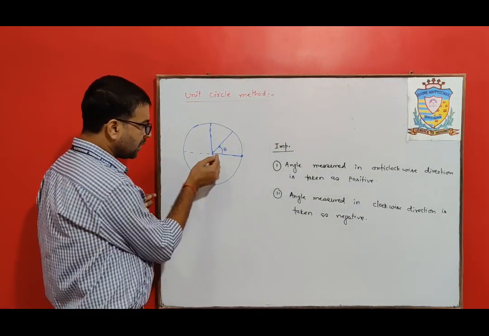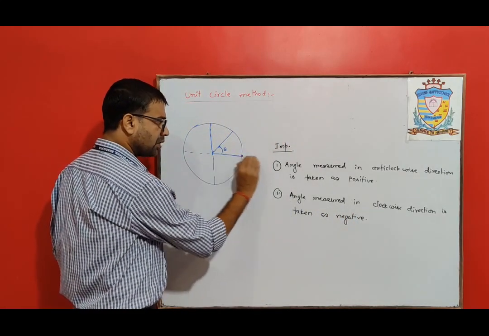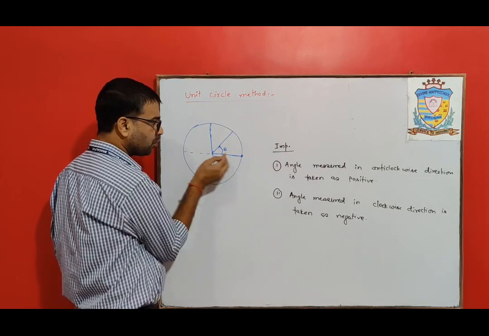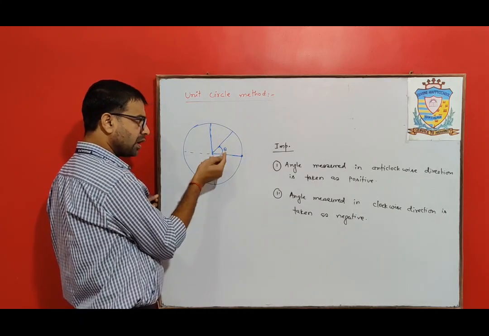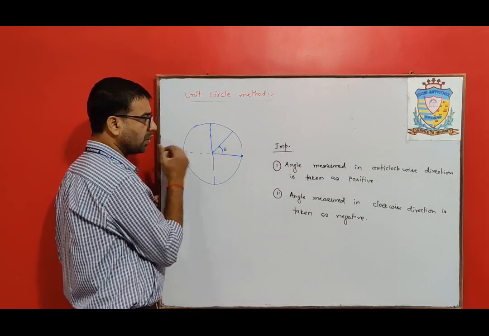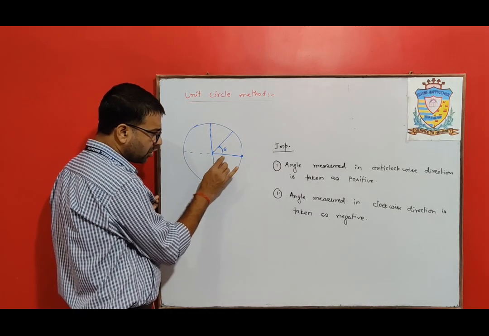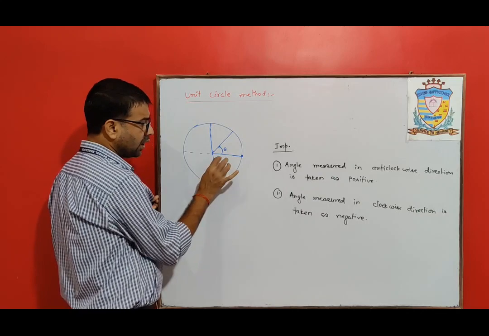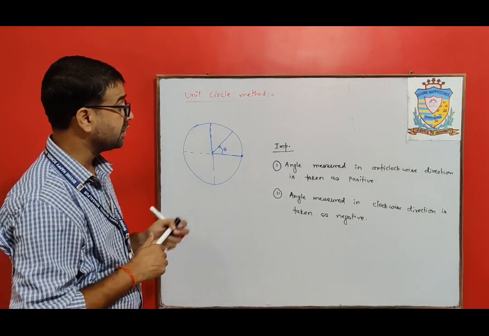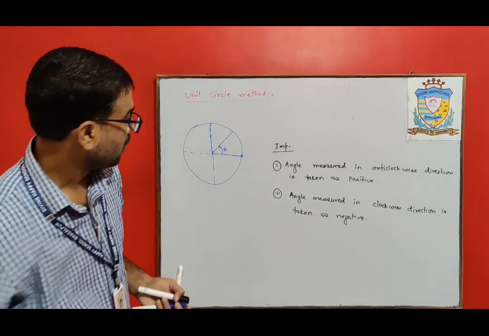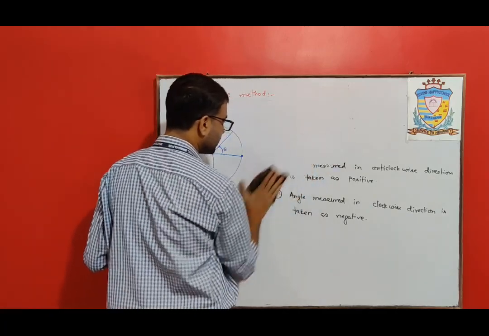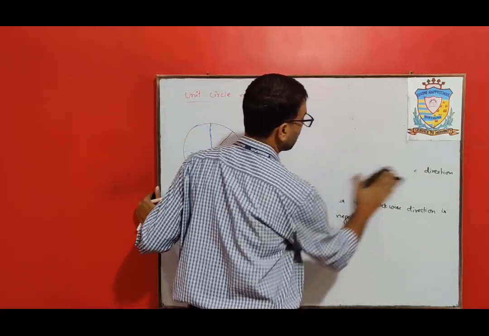Clear? So suppose this is our point of reference, initial point. If we move in this direction, in anti-clockwise direction, it will be positive. And if we move in clockwise direction from here to this point, this is taken as negative. So now we'll discuss the unit circle method.